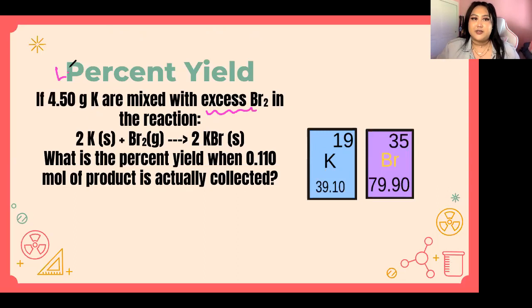So this means that this is the LR, right? So the only thing we have to do is, what do we do with this 4.5? Actually, you can go both ways. You could either convert this into moles, or you can convert this into grams.